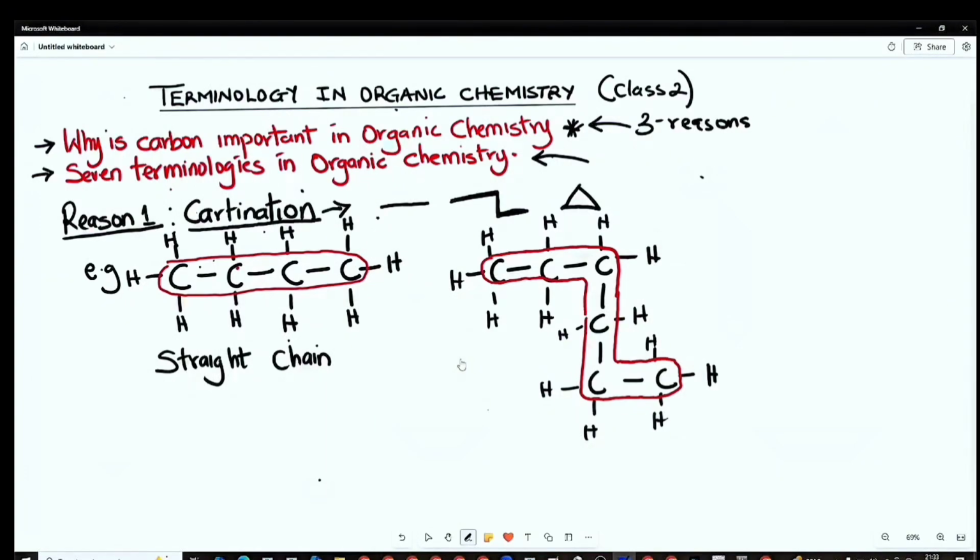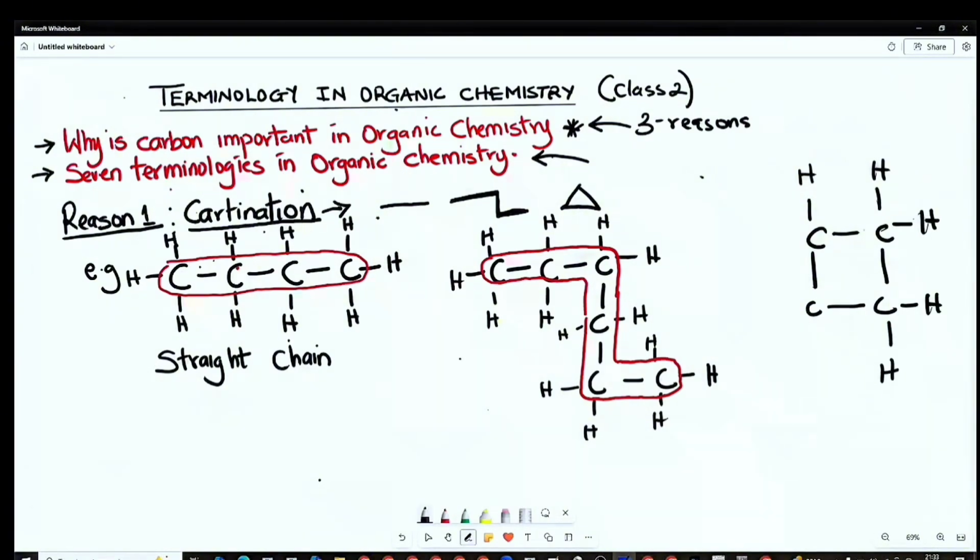Also, carbon has the ability to form ring-like structure. So you could see carbon, carbon, carbon. You can see it's a ring structure like this, right? I'm going to get into all of this, but I'm just trying to show you the terminologies, what we need as a foundation stone to the understanding of how organic chemistry really works.